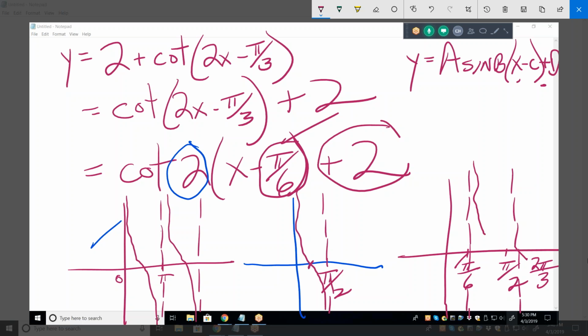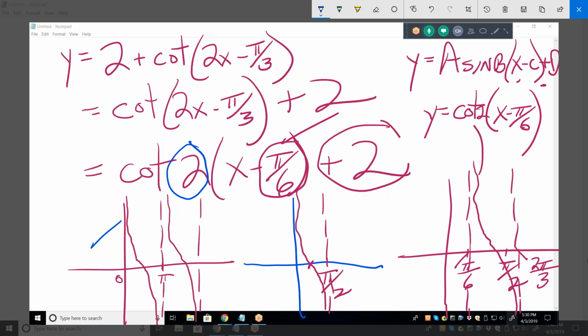Now I'm going to draw my cotangent curve normal, and this is y equals cotangent of, I'm taking the 2 out, x minus pi over 6. With me, we're going to do these one step at a time. Okay. The last step is applying that plus 2.